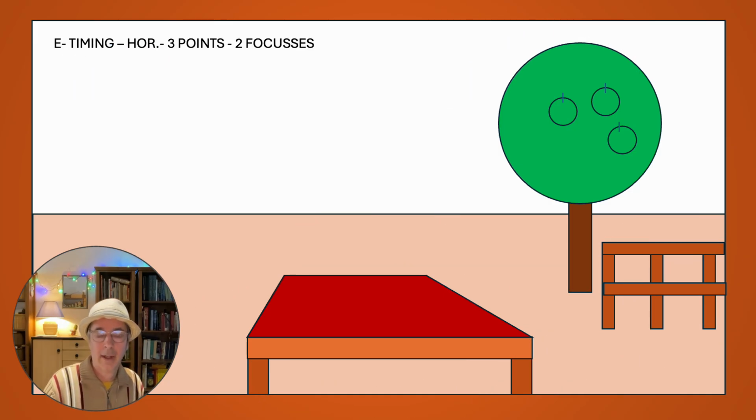The E is about timing. I need the horizontal for it, so I can pick it out there. There are two focuses also there because it's timing, so it's a beginning and an end. So where can the E be in this place? Actually, everything is stable, so there isn't any movement. Once I see movement, I use the E immediately. When something changes, I use the E immediately.